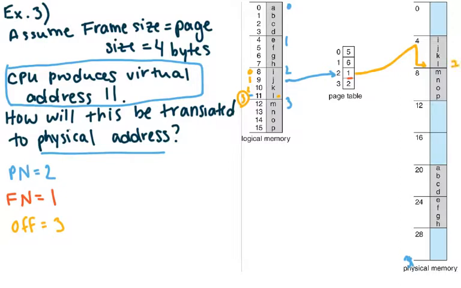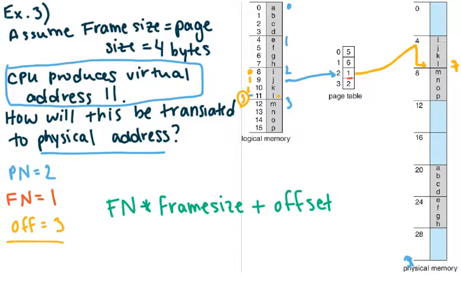So this is address spot 7. How would we actually get to that number with the numbers that we have here? So the calculation will be like this. It will say, the frame number times the frame size plus the offset, right?